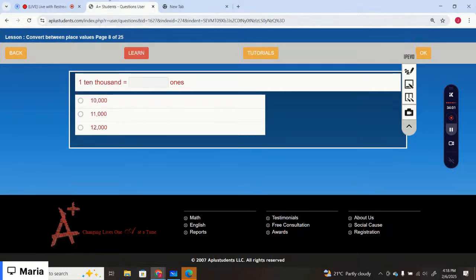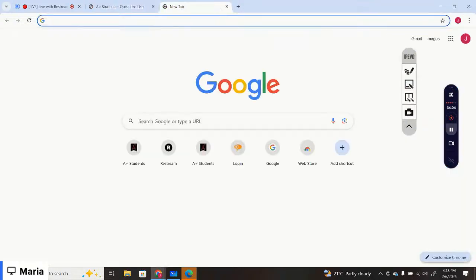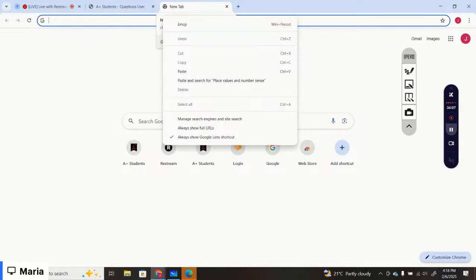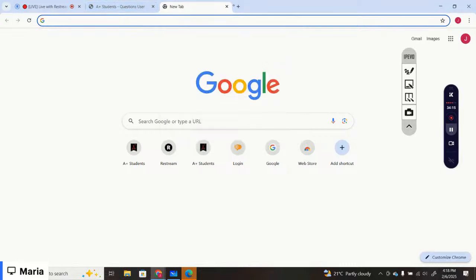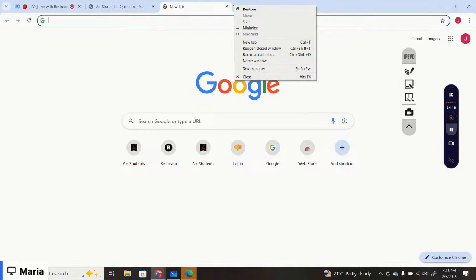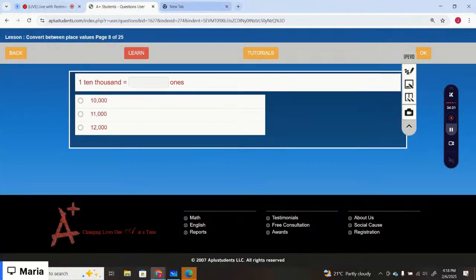One ten-thousand equals how many ones? Option number 1 is the correct option, right? 10,000 ones it is.